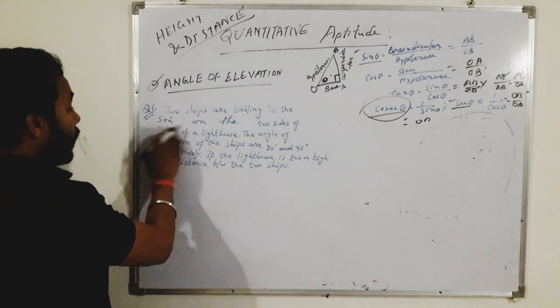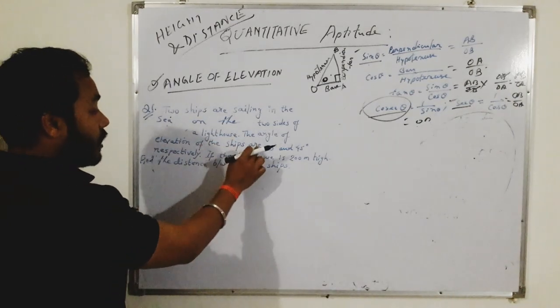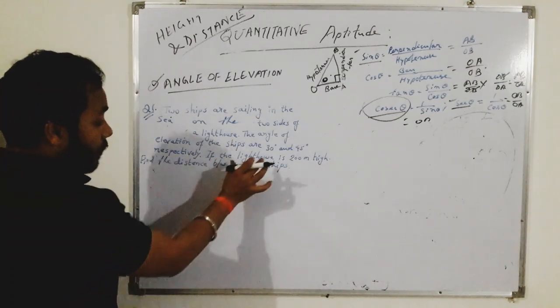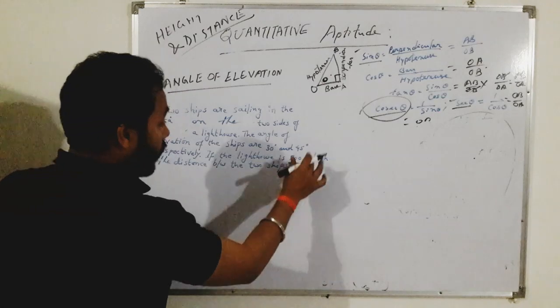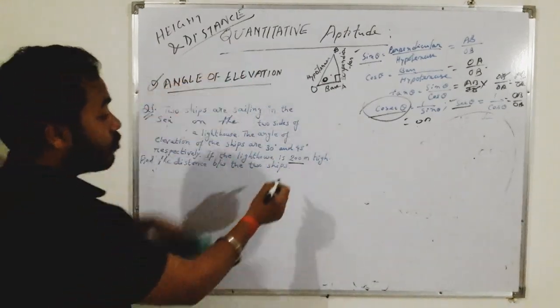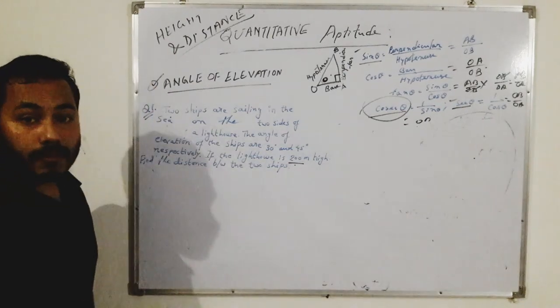The angles of elevation of the ships are 30 degrees and 45 degrees respectively. If the lighthouse is 200 meters high, then what is the distance between these two ships?